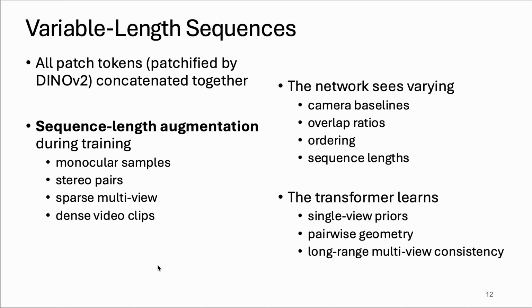Then during training, the network does sequence length augmentation, so it sees monocular samples and also stereo pairs, sparse multi-view, and dense video clips.